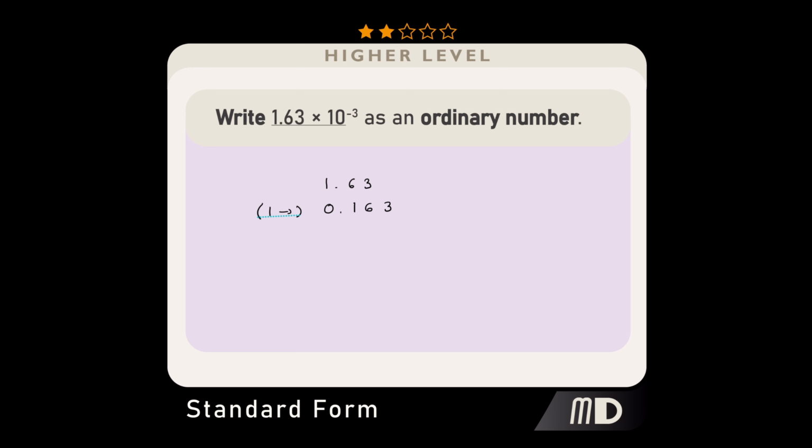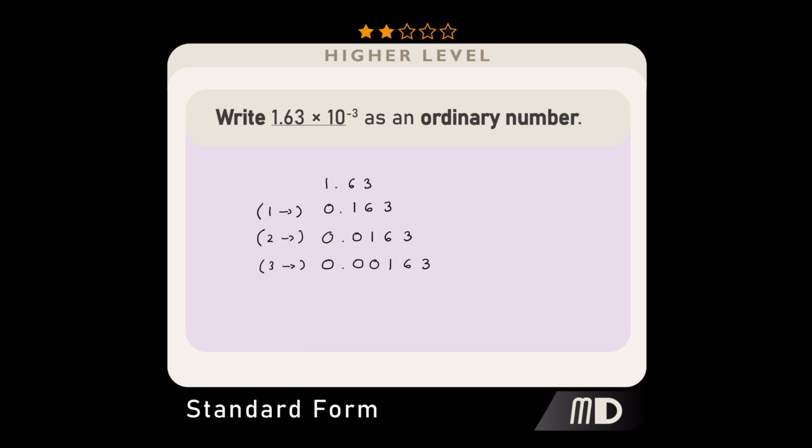Then, moving them a second place to the right gives us 0.0163. And finally, a third place to the right gives us 0.00163.